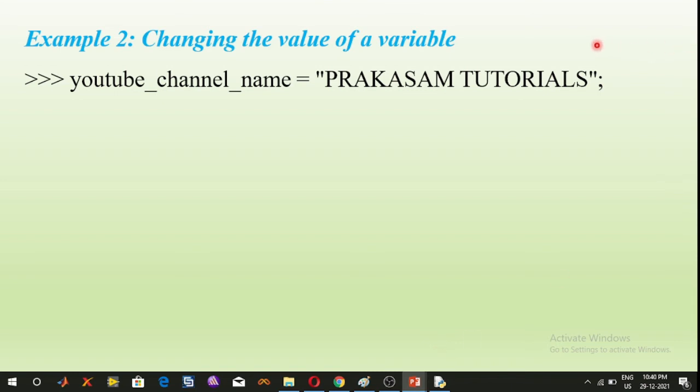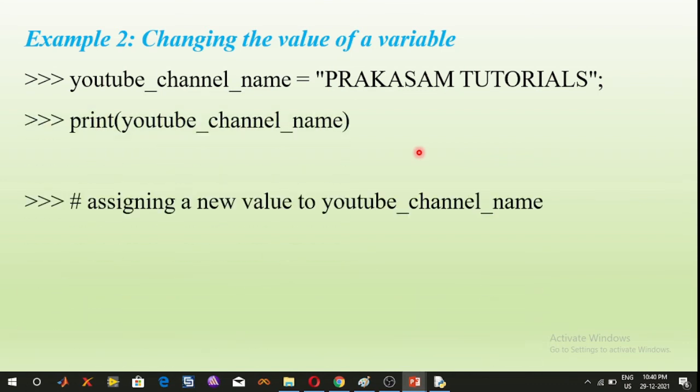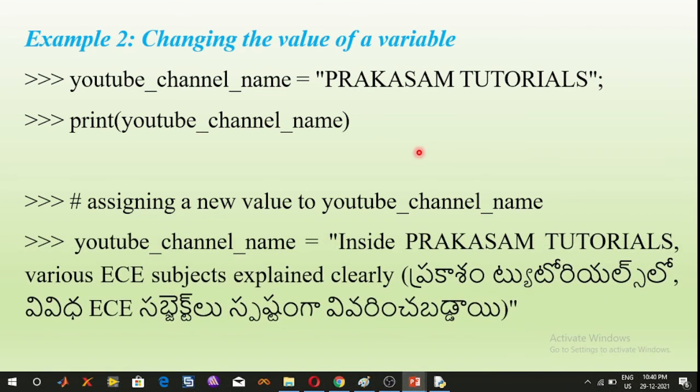Initially, this value is assigned to this variable, and after that I will change the value of the variable and again assign a new value to YouTube_channel_name. Here I assign a new value inside: Prakasham tutorials various easy subjects explained clearly. So that is the new value assigned to YouTube_channel_name.